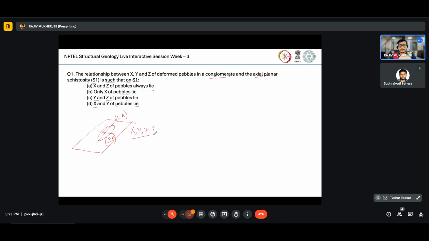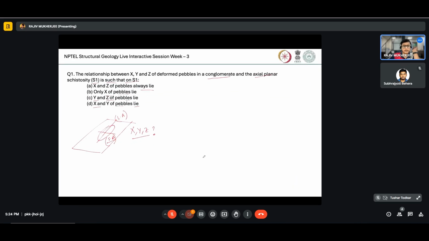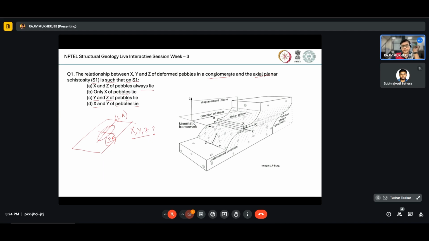So to solve this problem, we can look into a schematic of a shear zone. So we can see that in a shear zone, this is the direction of shear, right?